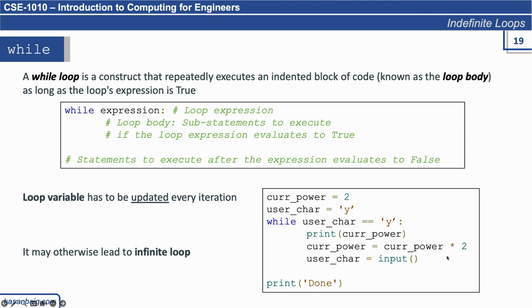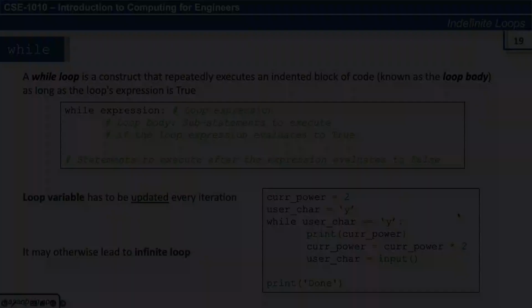We are taking the input from the user. If the user wants to continue running this, they can keep providing y, the lowercase y. And if you want to terminate, you can provide any other key like n. Okay, so I can give you a demo here.